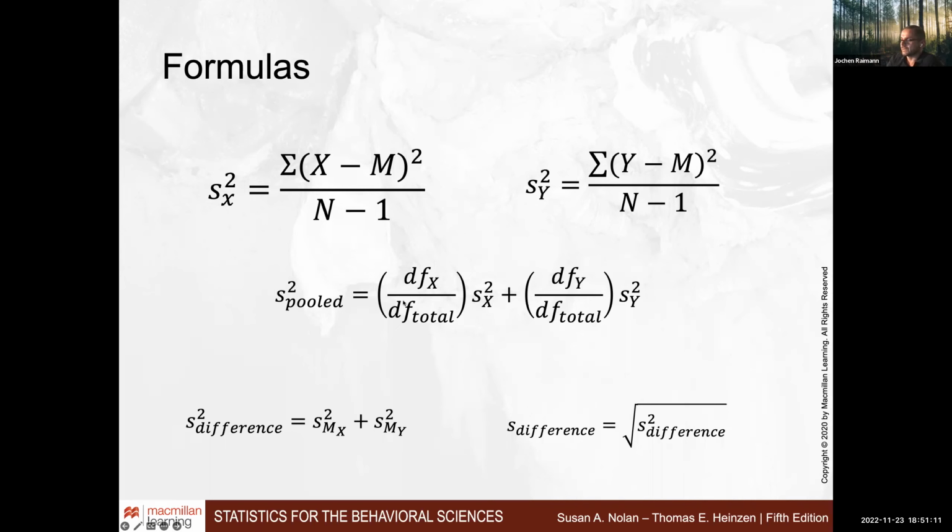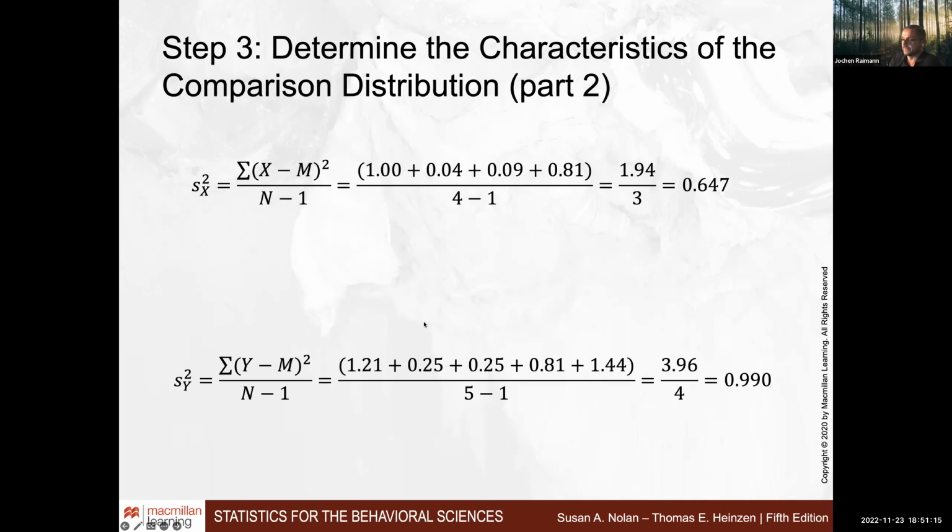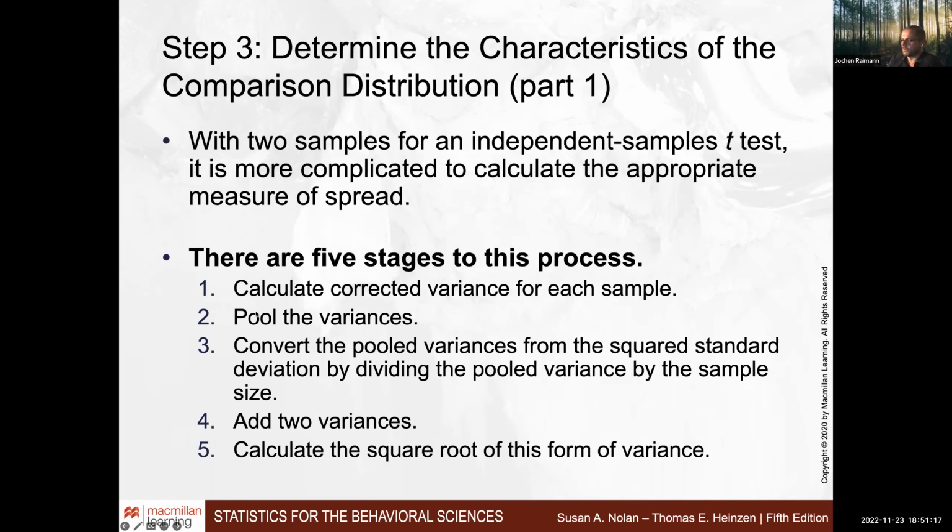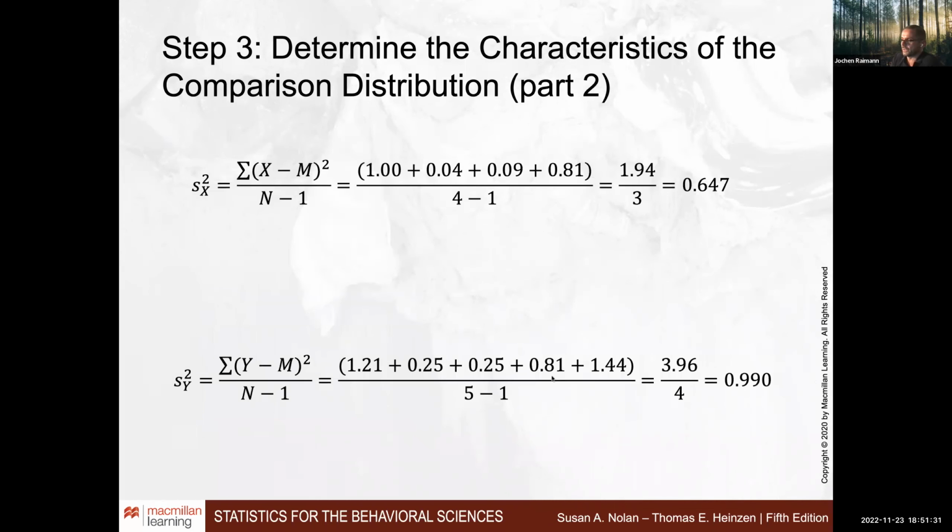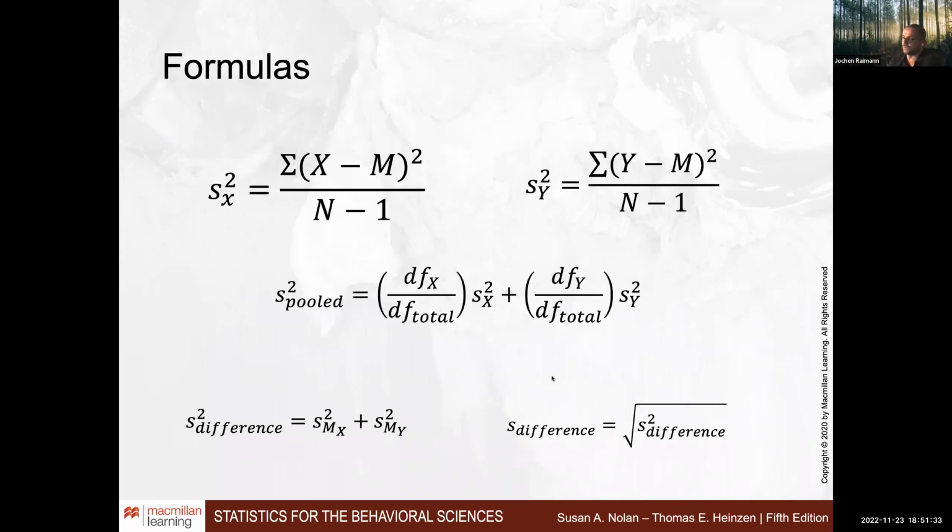And so now the next step is to calculate the so-called pooled variance. So we're pooling these variances together, and we then need to convert these pooled variances from the squared standard deviation by dividing the pooled variance by the sample size. That gets us to our standard error of the mean of these differences.